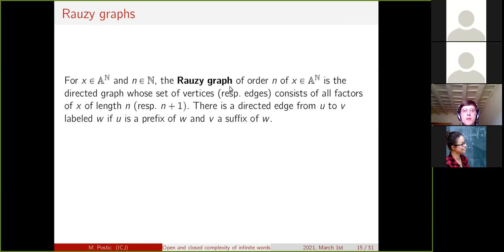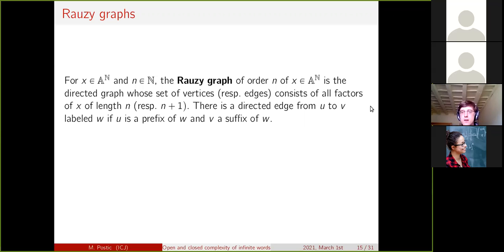To do this, we will mainly use one very efficient tool in combinatorics on words. I suppose probably most of you already know this, but I'm going to introduce the Rauzy graph of a word. For an infinite word, the Rauzy graph of order n of this word is a graph whose vertices are the factors of length n, and the edges are the factors of length n plus 1.